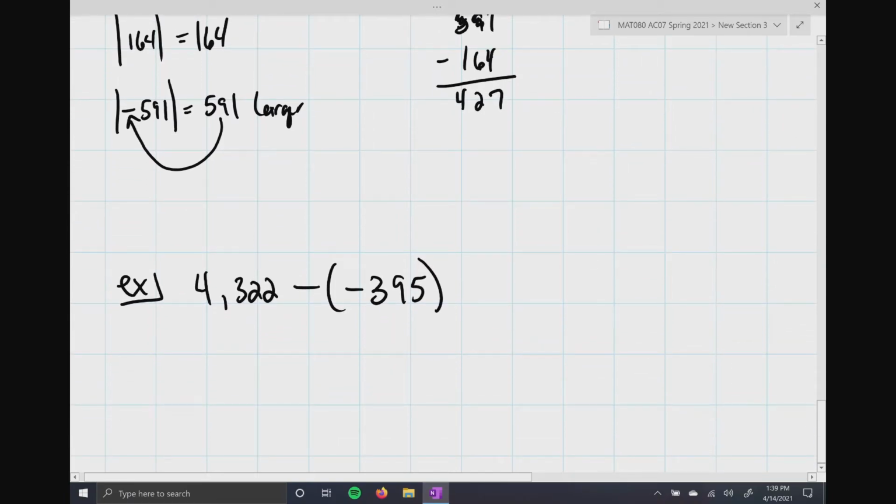This is the one that we need to be a little bit careful about. Because we've already seen this. We know that if you have two negatives back to back and there's parentheses involved, then those two negatives turn into a what? Positive. Good, good.